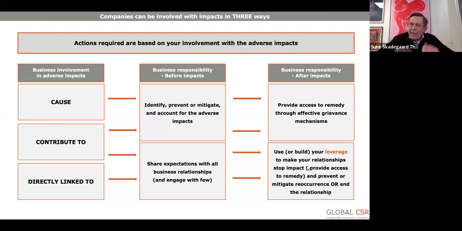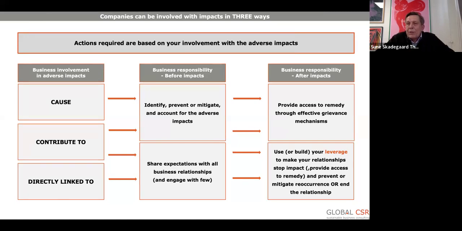And before something happens, we have to make sure that they also run their due diligence, where they should also have identified the risks and done what they could do to prevent and mitigate their part of the contribution. But our responsibility before the impact occurs is to share the expectation with the business relationship that they also implement due diligence in their own operations and that they put the requirement forward to their business relationships.